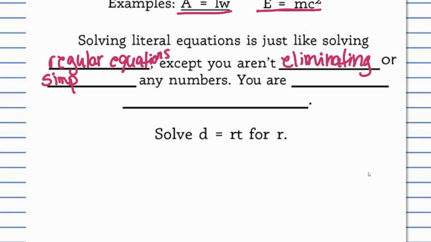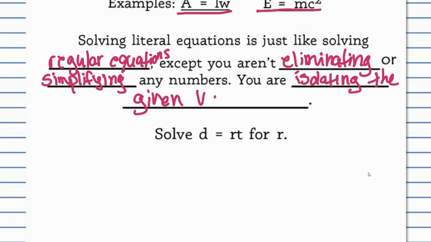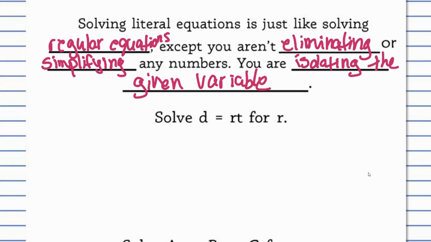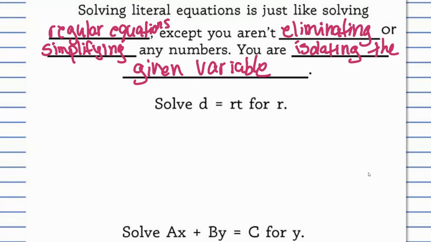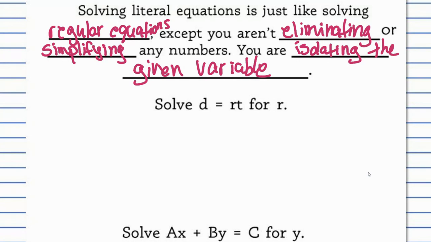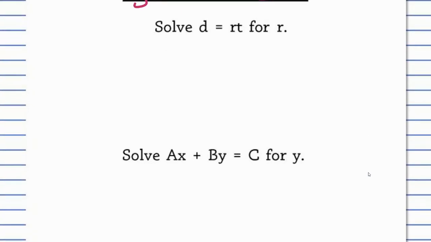All that simplifying and eliminating, we're not doing that. All you're doing is just isolating the given variable. They are going to tell you what to solve for. Don't get overly confused. Again, pause the video if you need to catch up with that.